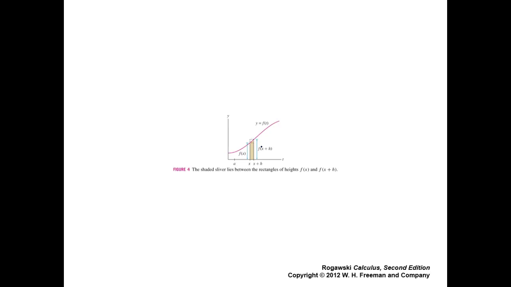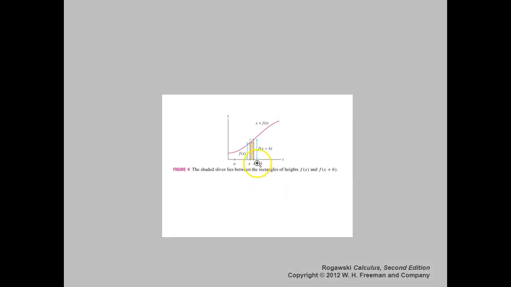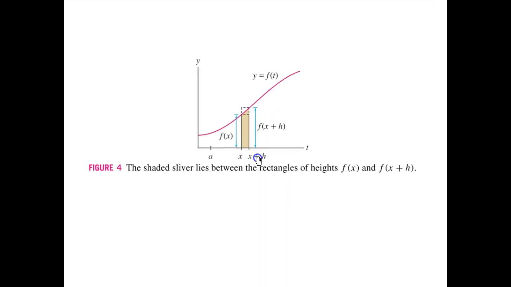This is almost the same picture. I'm not sure why they did it twice. It's just saying the shaded sliver lies between that rectangle and this rectangle. The area under here is that. So basically, you're going back to a Riemann sum type idea.